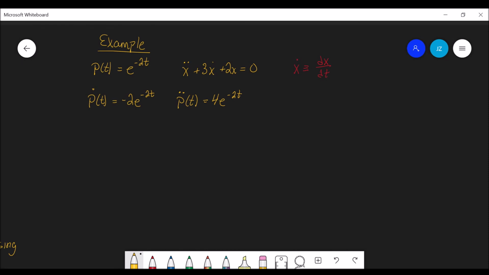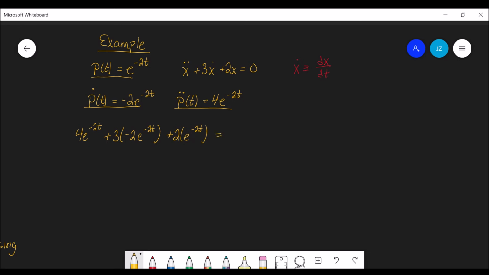We now want to plug all three of these values into the equation. So we get 4e to the negative 2t plus 3 times negative 2e to the negative 2t plus 2 times e to the negative 2t.